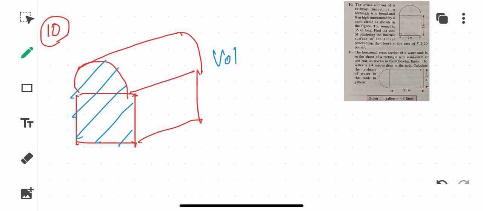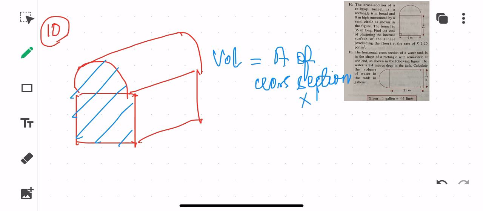If you want to find out the volume based on the cross section area, the formula of volume is area of cross section into length. Children, this is no new formula, this is the formula that you know already: for any particular figure, the volume is given by area of cross section into height.